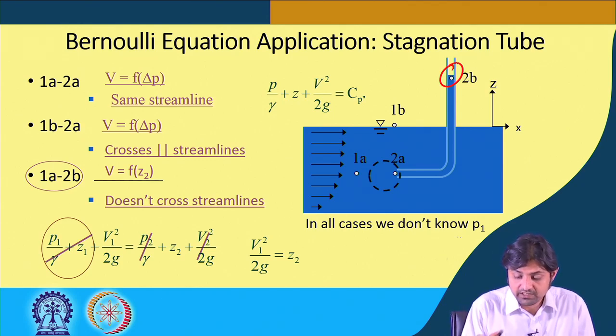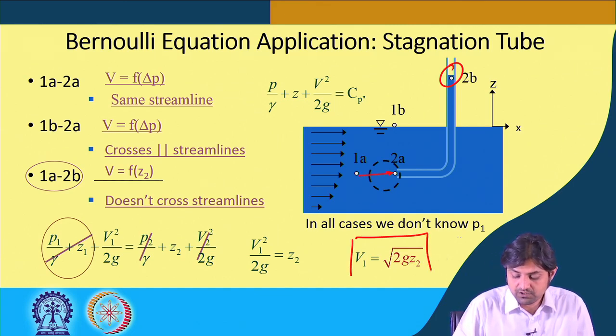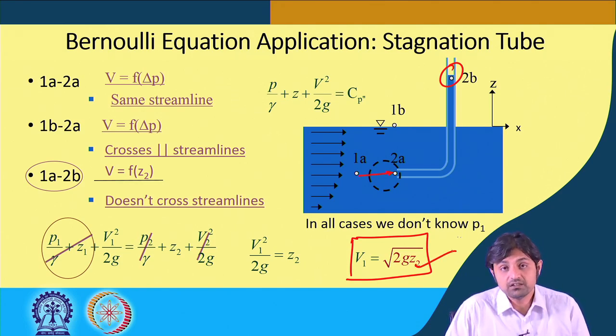So, the velocity there will be equal to 2G Z2, or V1 is 2G Z2. So, this is the velocity, or if we know the velocity there, we can estimate Z2. That is how the water is going to rise in the stagnation tube.